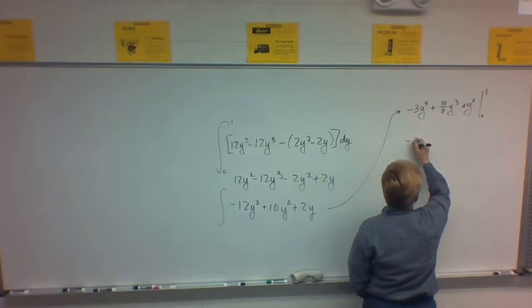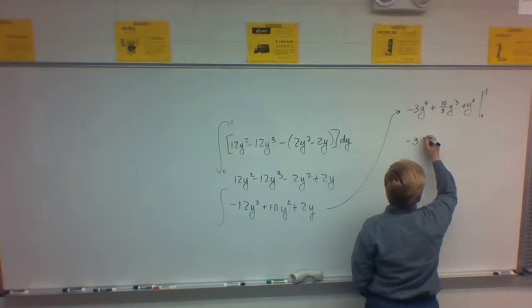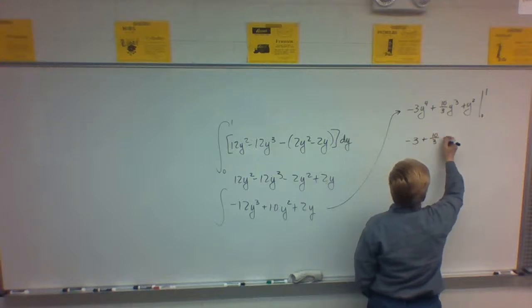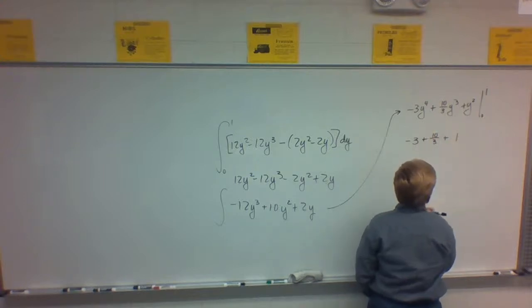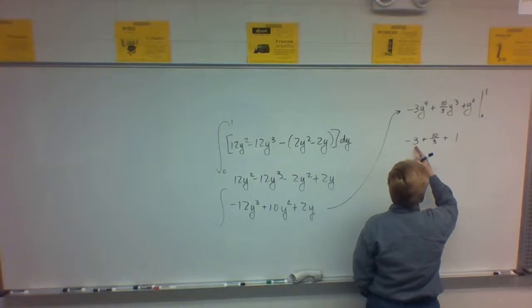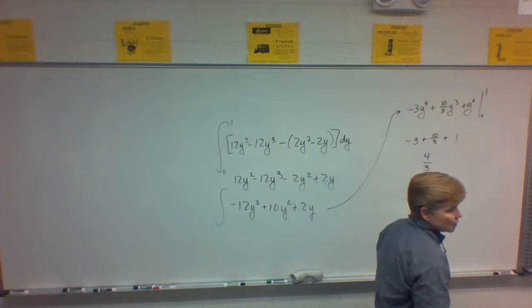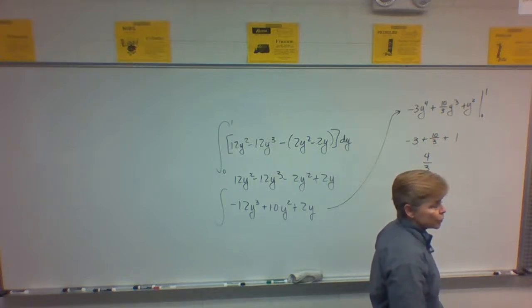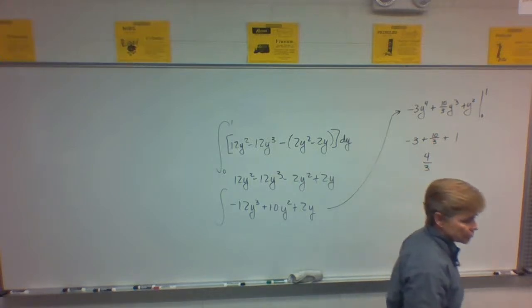That gives me -3, because 1 is 1 to the 4th, plus 10/3, plus 1. Is that really right? Yeah, that would be 3 1/3, minus 3 is 1/3, plus 1 is 4/3. Would you agree? Is that right?